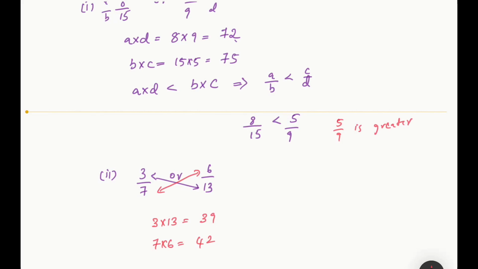They have just asked you to write the greater one, they didn't ask you to compare. So 3 into 13 is less than 7 into 6. That implies 6 by 13 is greater.